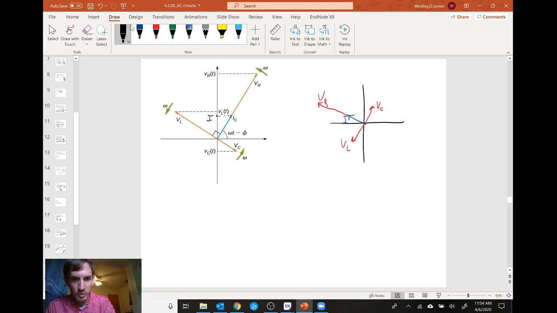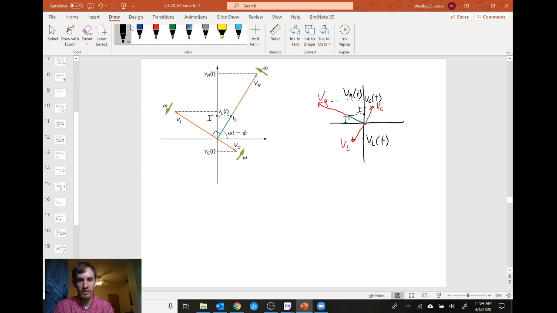The intercept with the y-axis gives us the current at that time, the voltage of the capacitor at that time, and this one here is the voltage of the resistor at some time, and the voltage of the inductor at some time.